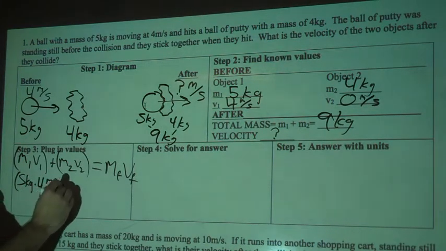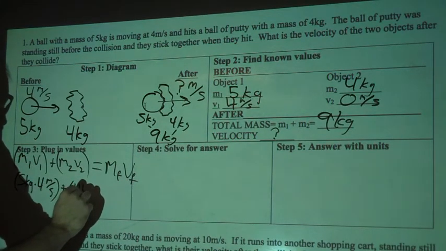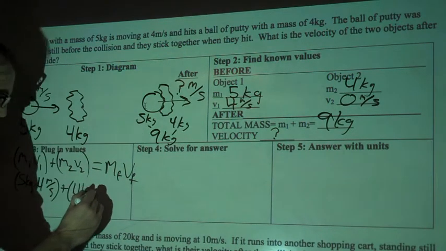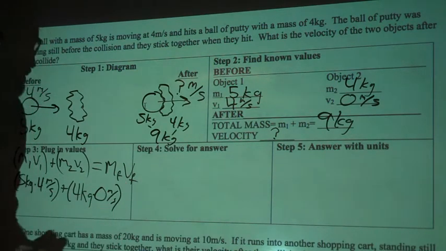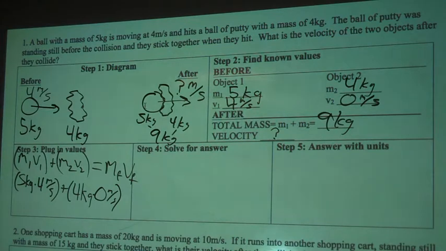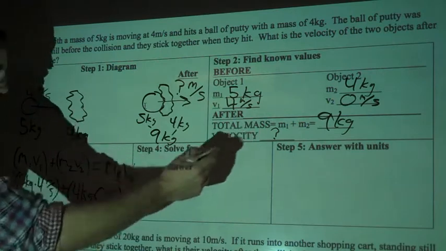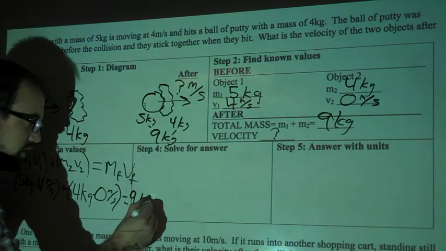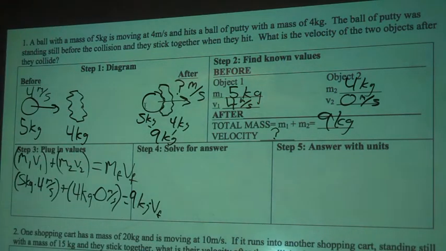And then plus my second mass was 4 kilograms, and my second velocity, since it wasn't moving, it was at rest, is 0 meters per second. And then I know my final mass, which is 9 kilograms. But I don't know my final velocity, so I'm going to leave that as V sub F. 9 kilograms times V sub F. You cannot forget that it's multiplication there. That will be very important later.